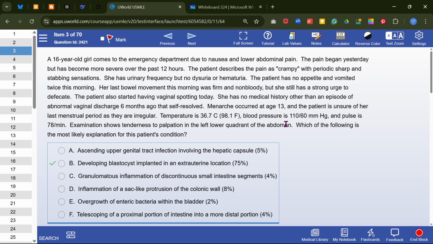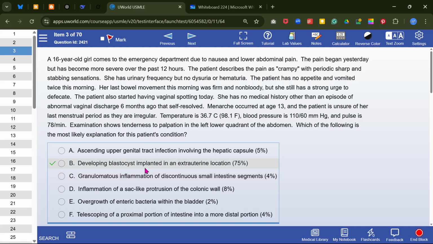It may be a developing blastocyst implanted in an extrauterine location. As for the definition of ectopic pregnancy, the blastocyst implants outside the endometrium or uterine cavity.